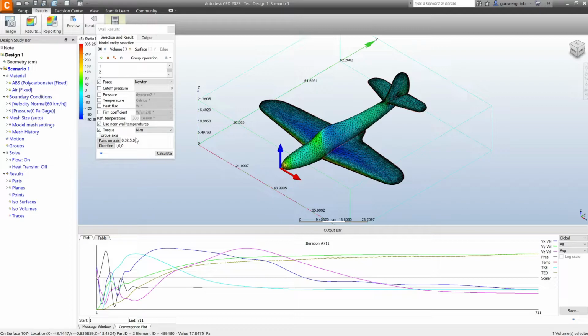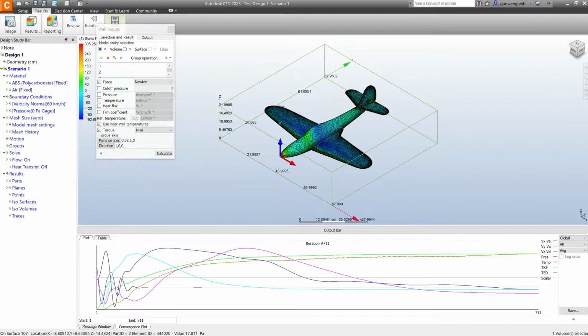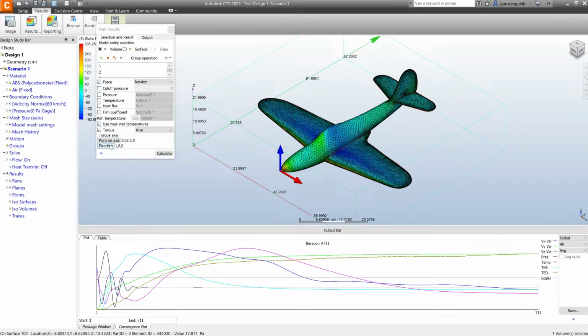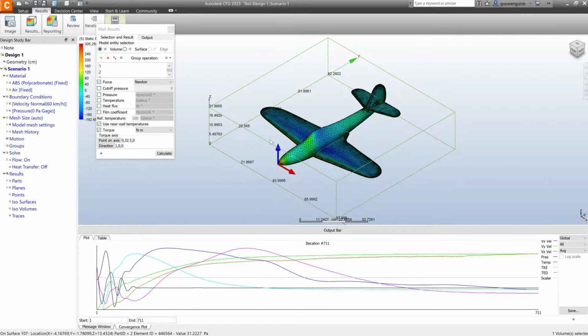So I'm not very interested in the torque acting about the y and z axis as well. Therefore, I picked the direction to be 1, 0, 0, which is the direction of the torque about the x-axis.